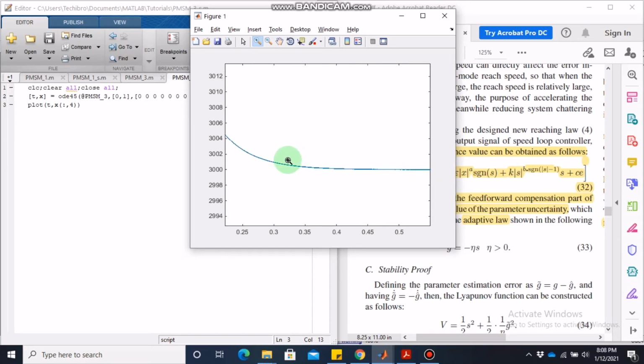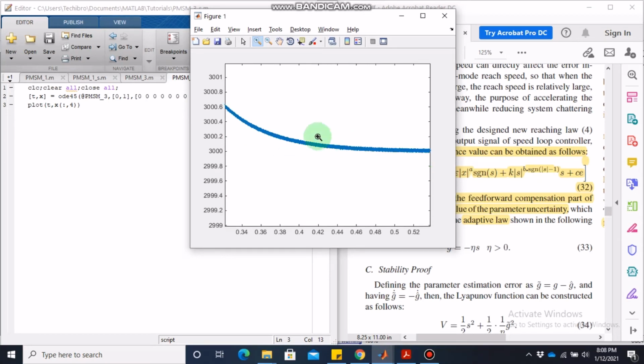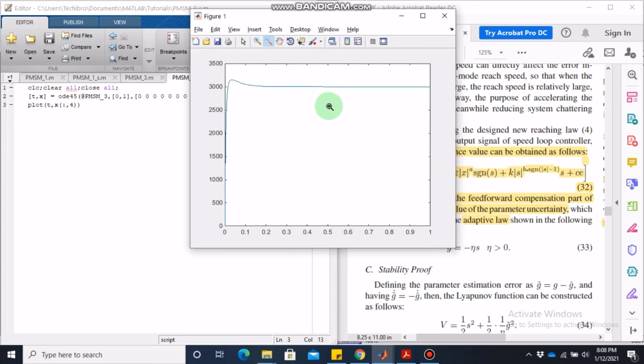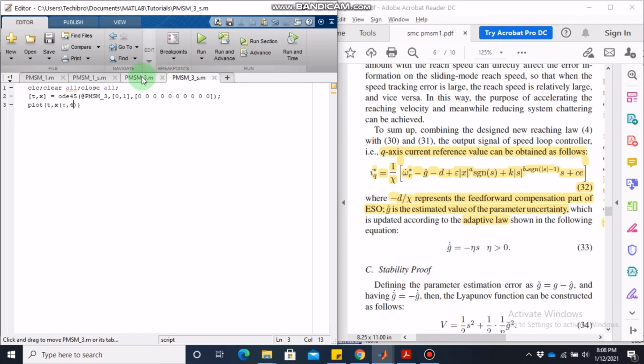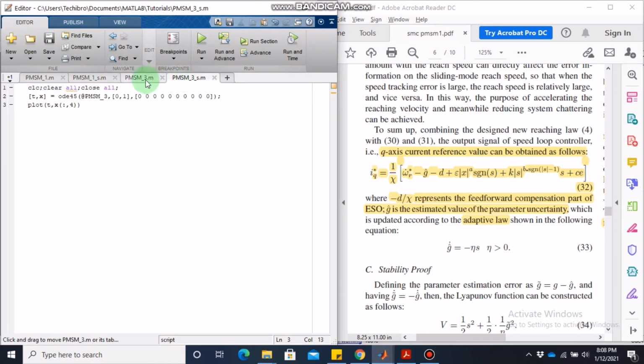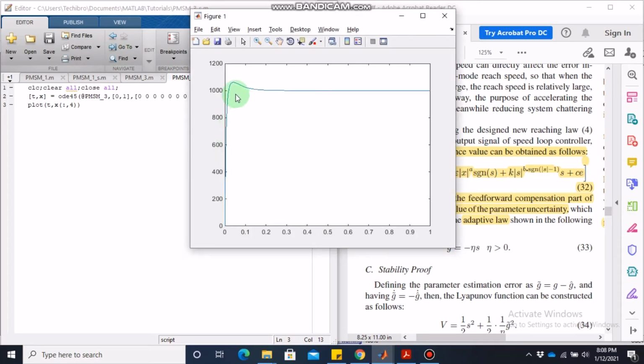There seem to be some fluctuations in the velocity, but I think the magnitude of the fluctuations is quite small. But anyways, we can change the desirable value from 3000 to, let's suppose, 1000, save it, go to the script file, run it, and this goes to now 1000.